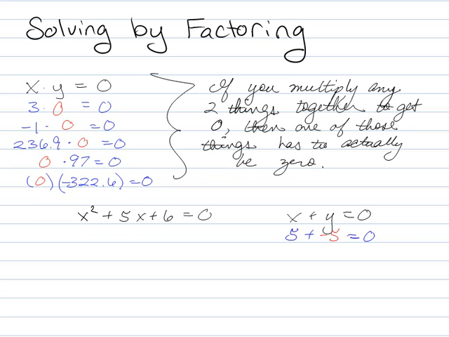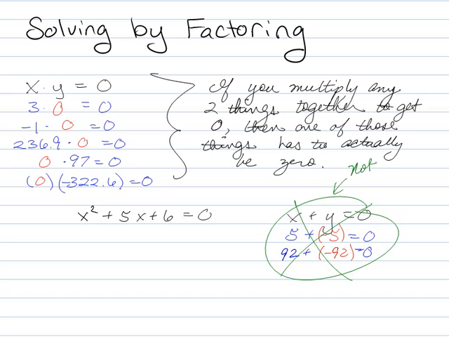That would be -5. And if x is 92, then y would have to be -92. So it's really important to note: not for addition.